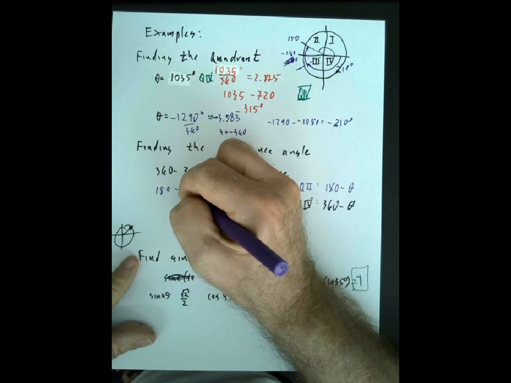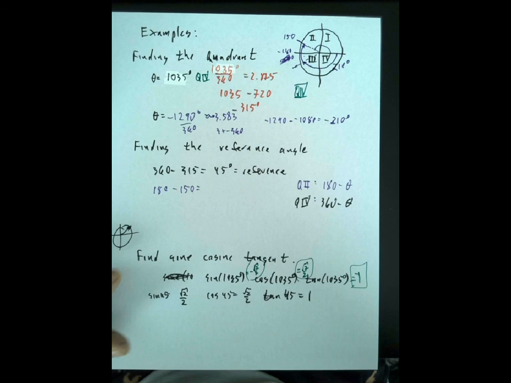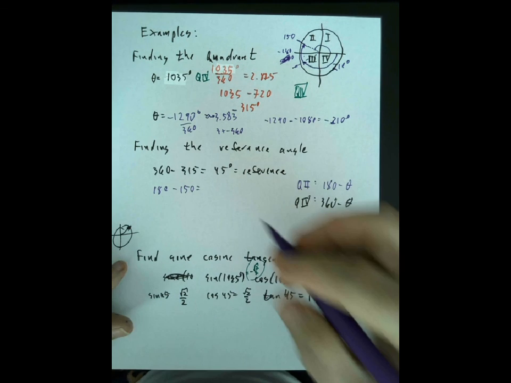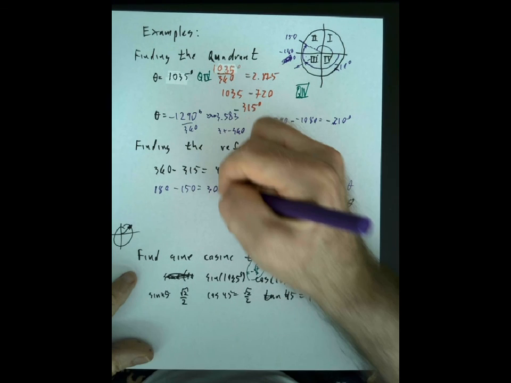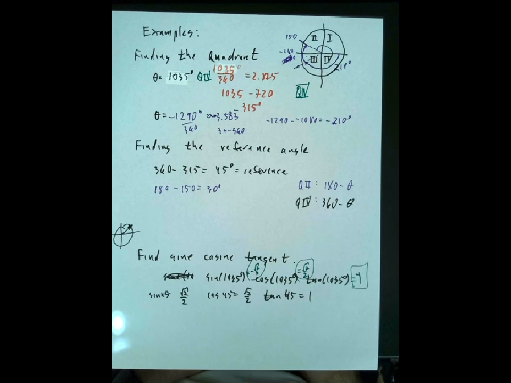So 180 minus 150 is equal to 30. And so that reference angle is 30 degrees. Okay?